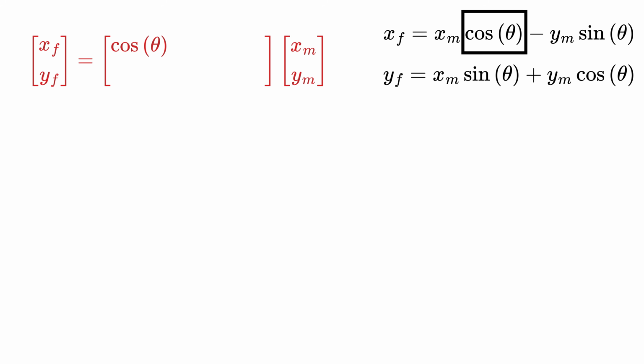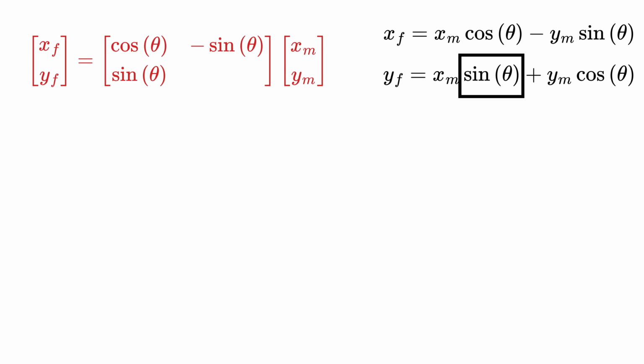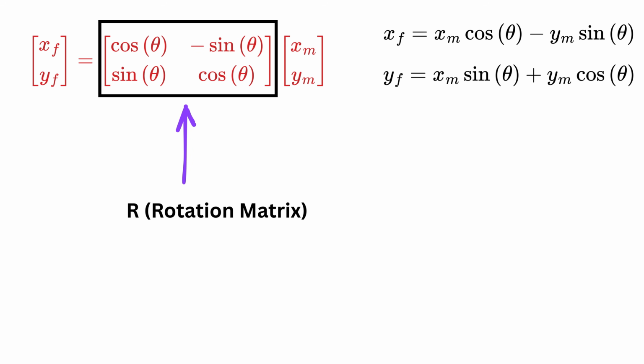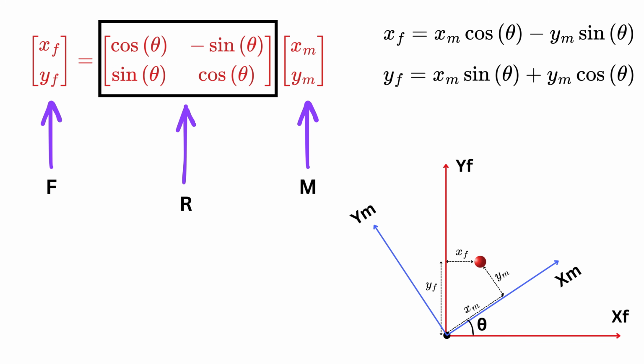It will contain this cosine theta, then this minus sine theta, then this sine theta, and again this cosine theta. And folks, this is what we call the rotation matrix R. So we have written F equals R times M, where R is this rotation matrix that converts coordinates from the moving frame into coordinates in the fixed frame.